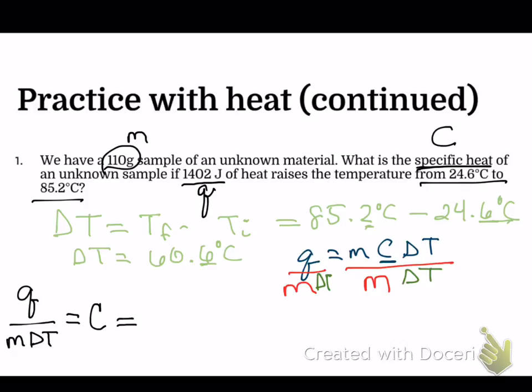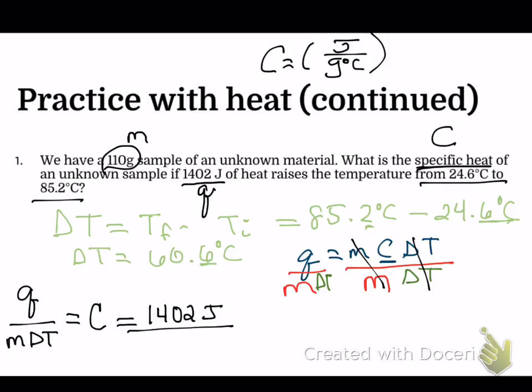I can actually double check that I did the algebra correctly because my units are going to work out perfectly, so I get those strange units that C has, which is joules per gram degree C. So if I do my math right, then I should be able to use that to verify it. So Q here we have is 1402 joules.